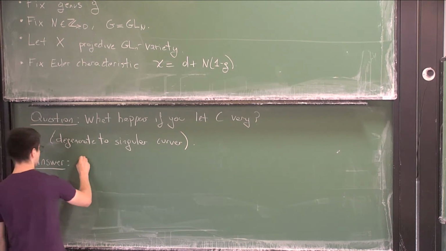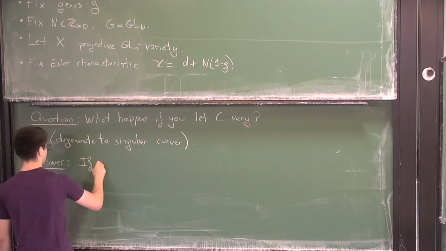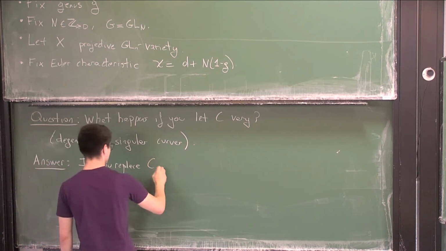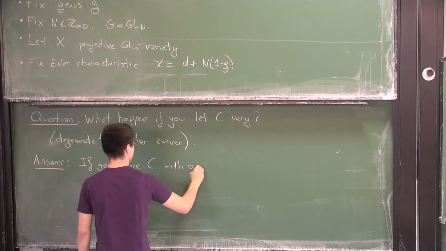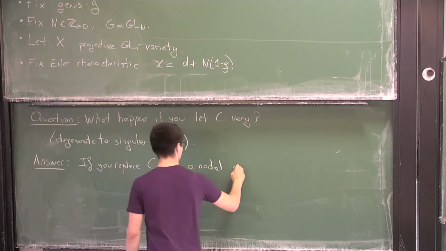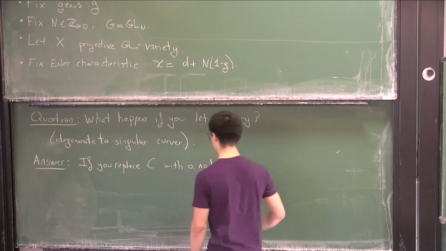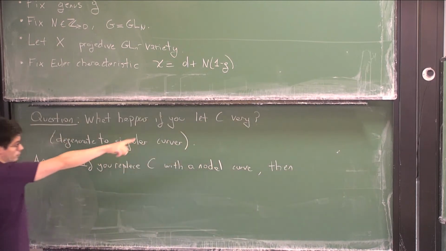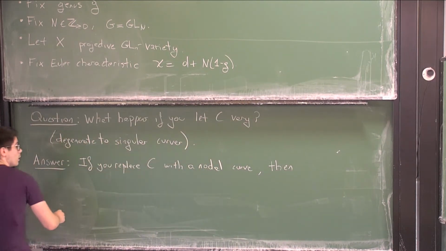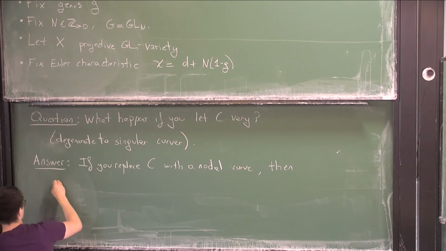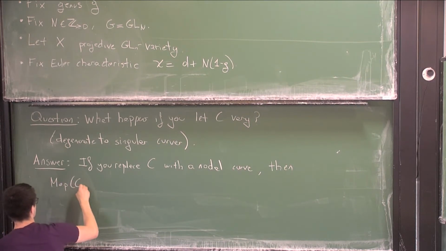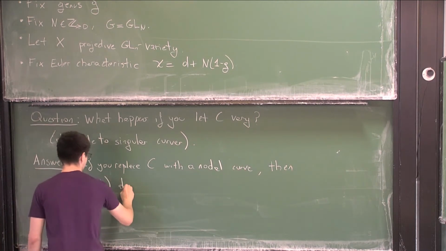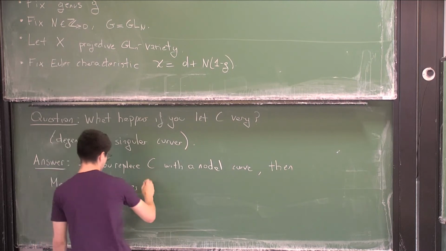If you replace C with another curve, then all of these moduli, I mean the first one and certainly the second one, let's say Map(C, BGL_N), the stack of maps, does not satisfy the valuative criterion for properness, the existence part.